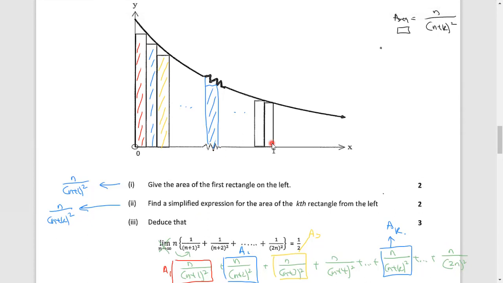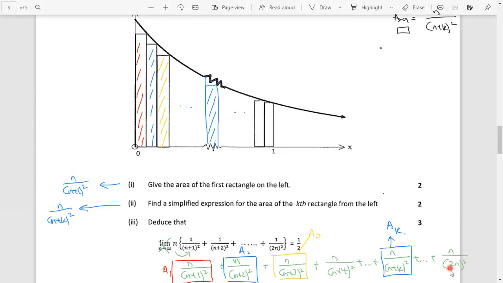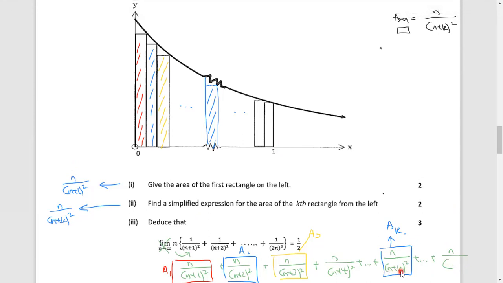It might not be immediately apparent to you, but if you think about it, 2n is n plus n. So if we just rub this out, and instead of thinking of it as 2n all squared, we think of it as n plus n all squared, for example, then that would represent quite clearly the nth rectangle.